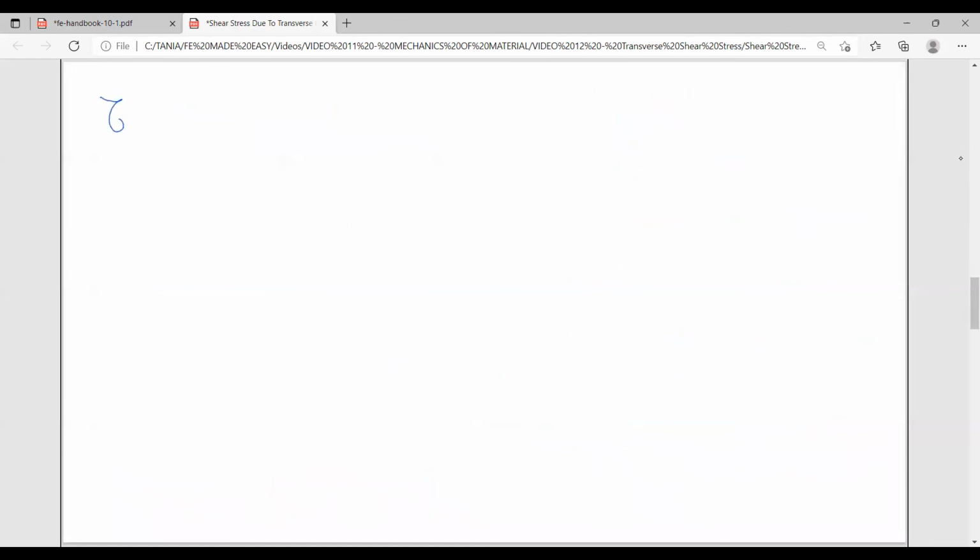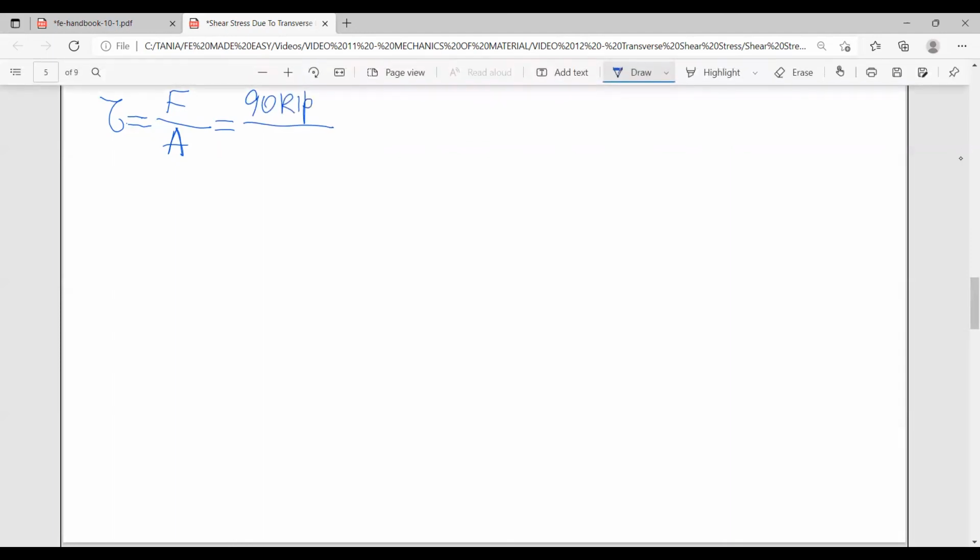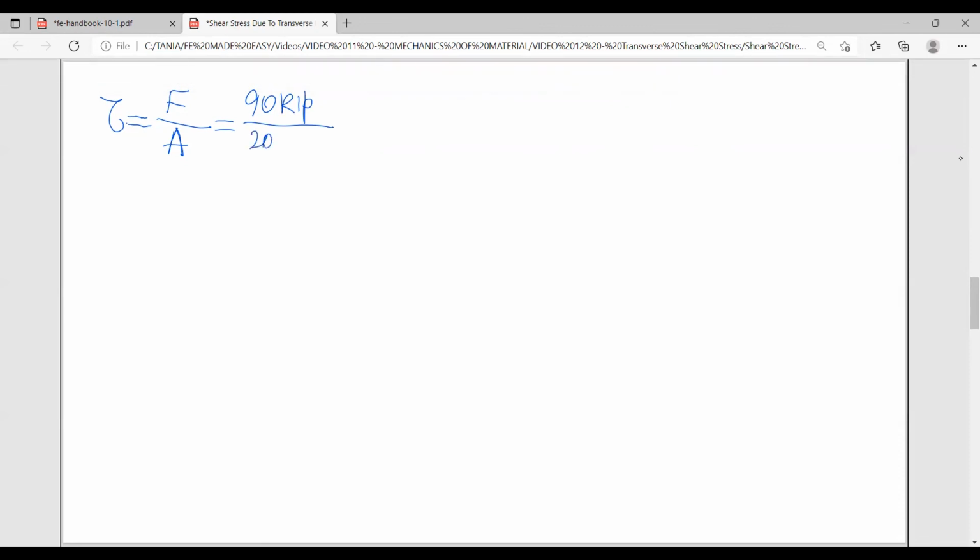We can calculate the shear stress by only considering the web using this formula, the shear force over the area, and we will have 90 kips over the area of the web, which is 20 inches times 0.75.